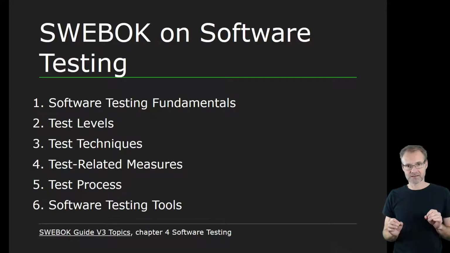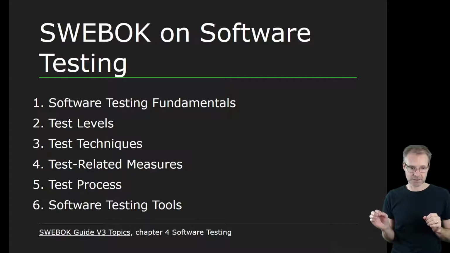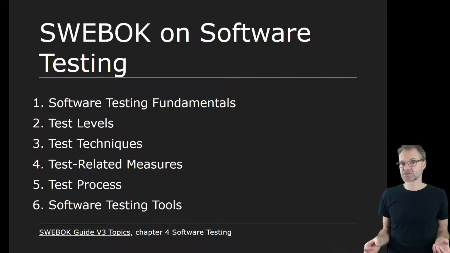And this chapter here, we can see, contains fundamentals for software testing. It contains the levels of testing. It contains testing techniques. It contains measurements regarding testing. It contains processes and tools.